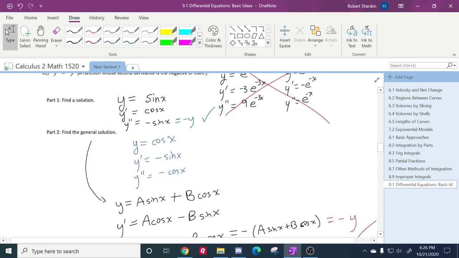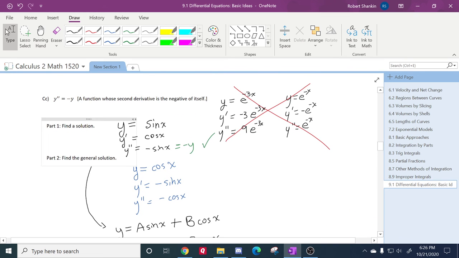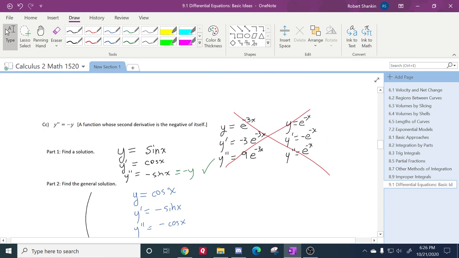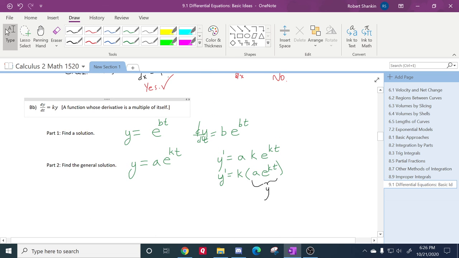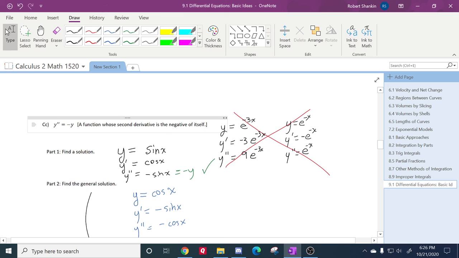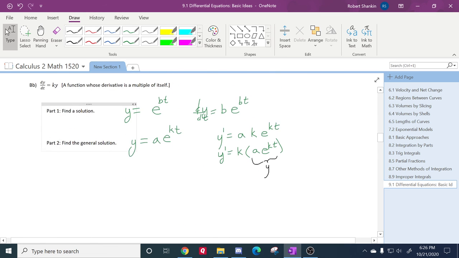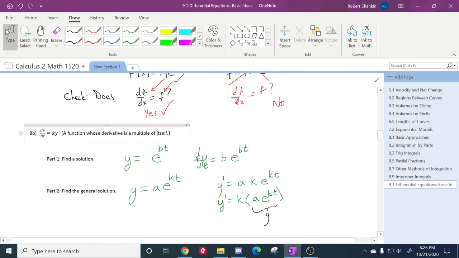That's the general solution for this one. And what we're going to find out with differential equations is that we have an order. When it's the first derivative that's involved, it's called a first order differential equation. If there's a second derivative involved, it's a second order differential equation. And if the highest derivative is to the first power, first order differential equation, you're only going to get one arbitrary constant.